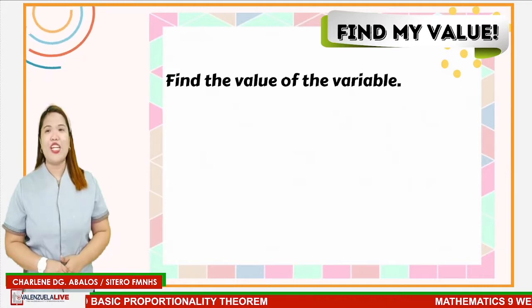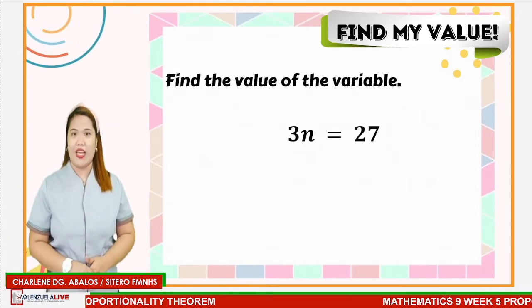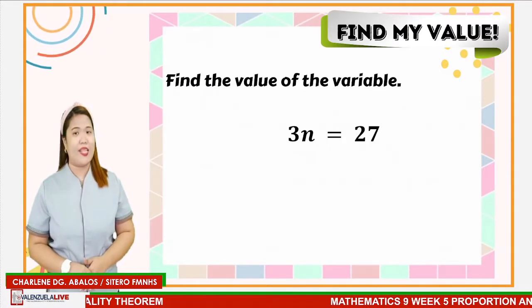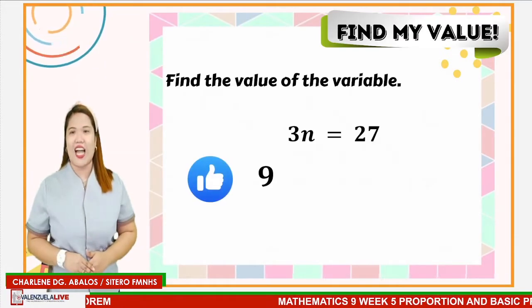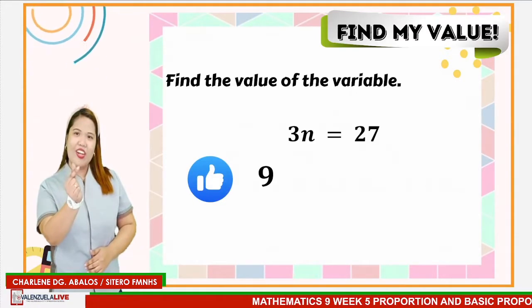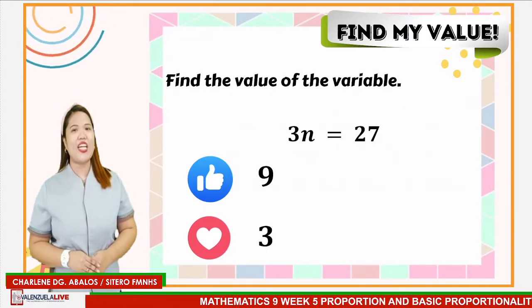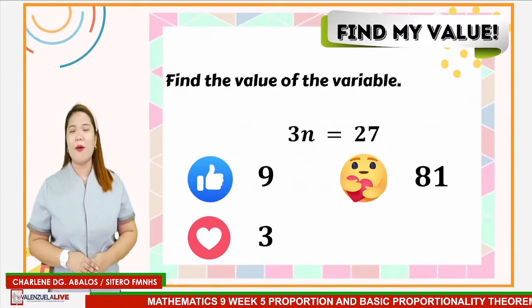First, 3n is equal to 27. What would be the value of the unknown variable, which is n? Click like reaction if your answer is 9, heart reaction if your answer is 3, care reaction if your answer is 81. You have 10 seconds to answer. Go!